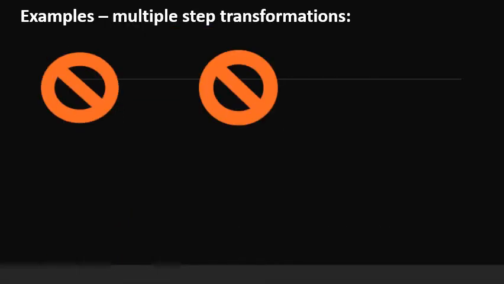And the last thing we're going to look at is these multiple step transformations. So this is where you might have a bit of a space between the two shapes, the original shape and then the shape you've arrived at. Now here I could just say that this shape has been translated horizontally to the right because it hasn't actually changed the angle or anything else, it's just moved. I could also argue that it's been reflected twice.